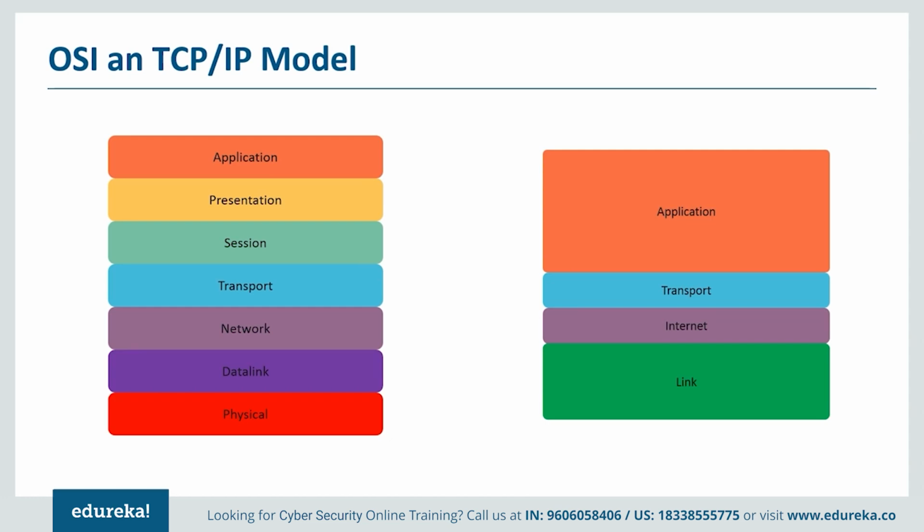When it's received from the network, it goes from the bottom up: we receive it on the physical layer, it gets handled by the data link and then the network, up to the application layer.